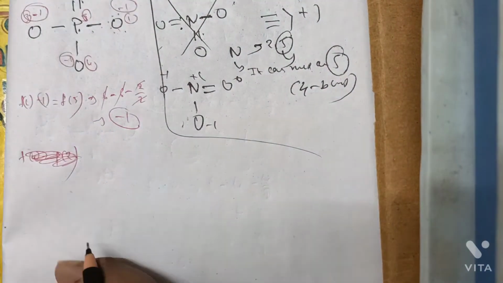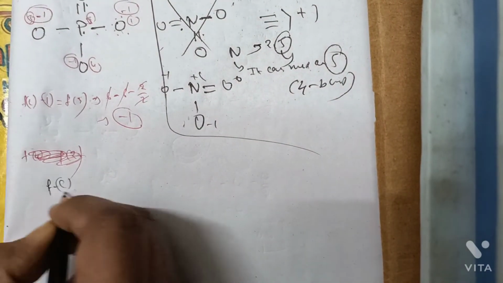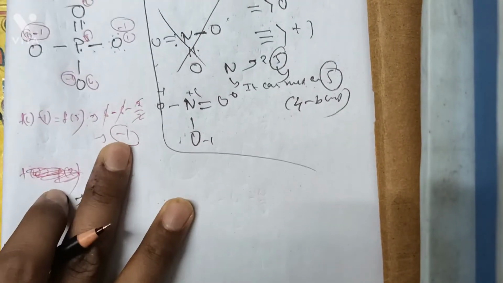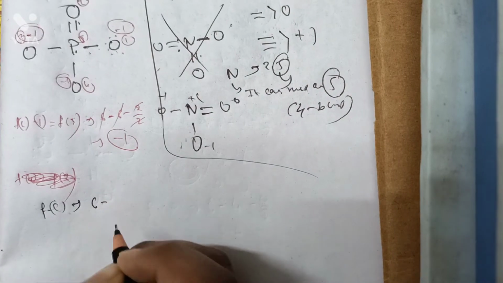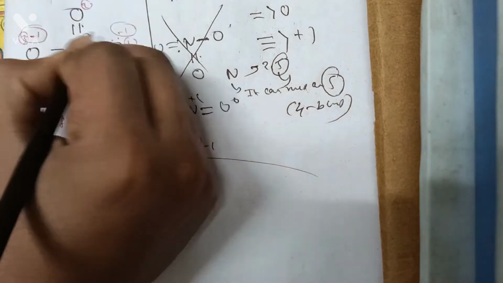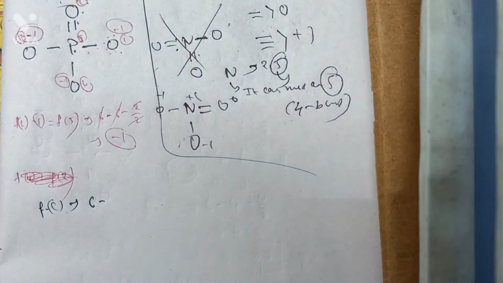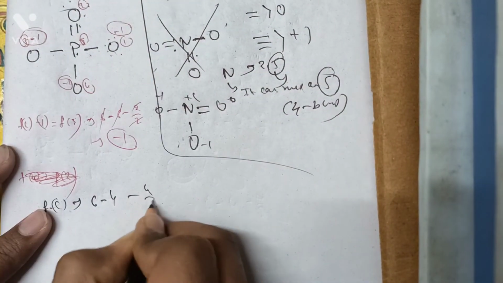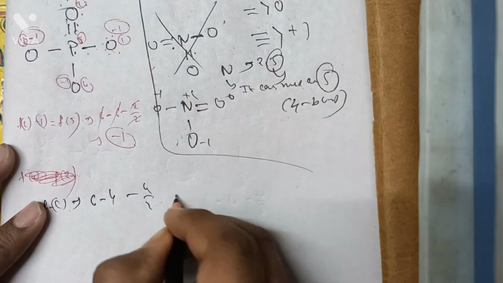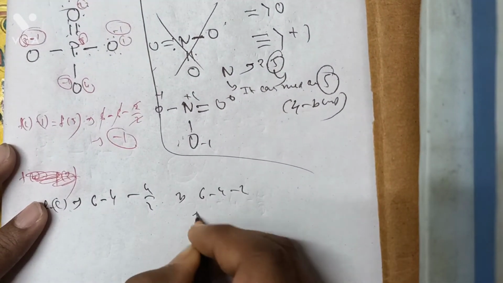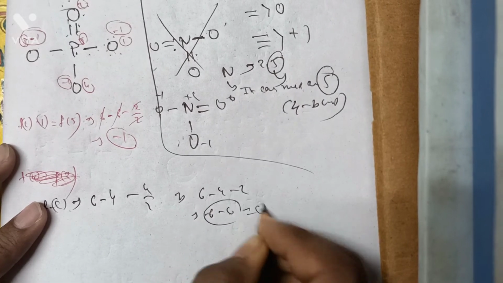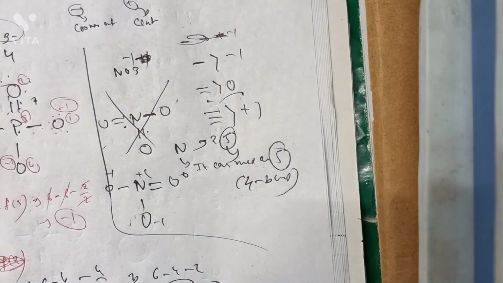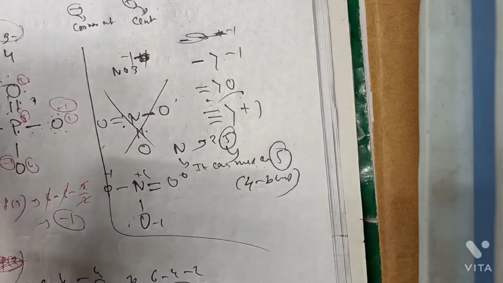For the double bond atom, we know by the trick that it will be 0, but let's show it. 6 for valence electrons, lone pair electrons are obviously 1 2 3 4 5 6 7 8, so 4 electrons not taking part in bond formation, minus 4 by 2 bond pair electrons 1 2 3 4. 6 minus 4 minus 2, 6 minus 6, 0. I have proved that for the double bond atom, the formal charge is always 0.